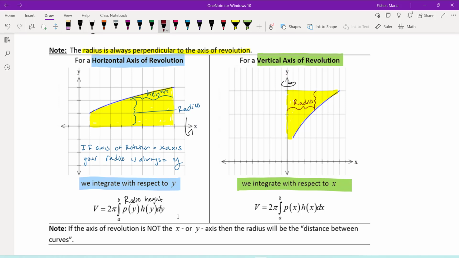And our height is going to be parallel to that axis of rotation, so that would be our height. Formula is always going to be 2 pi times the integral from a to b of radius times height. Now, if that axis of revolution equals the y-axis, your radius is always just x.